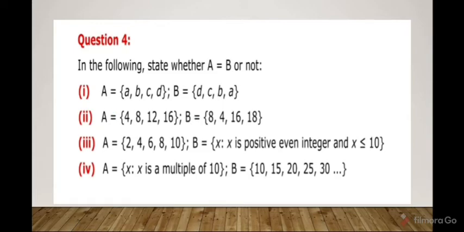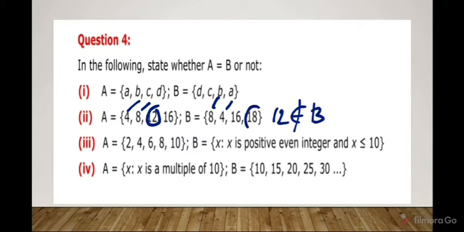But if you look at the elements, 4 is here, 4 is here also. 8 is in the first set and the second set also. But if you check 12, 12 is in A but 12 does not belong to B, right?